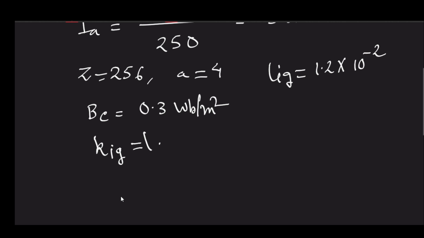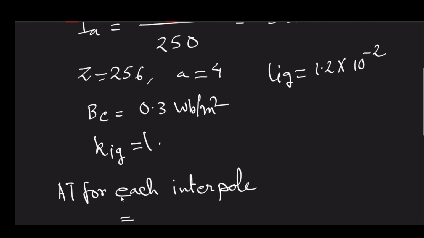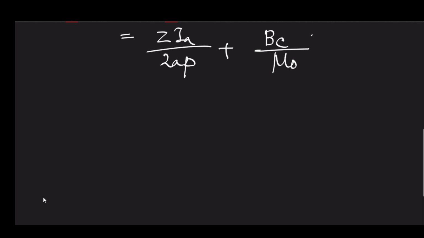So what is that equal to? ZIA by 2AP plus Bg mu naught lig kig.